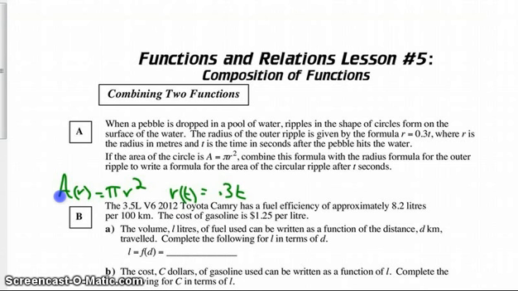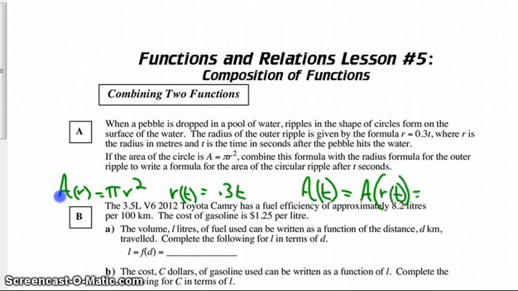So if we wanted to know the area of the circle with respect to time, we simply nest the radius inside of this, and so really area now swallows up the radius with respect to time function.